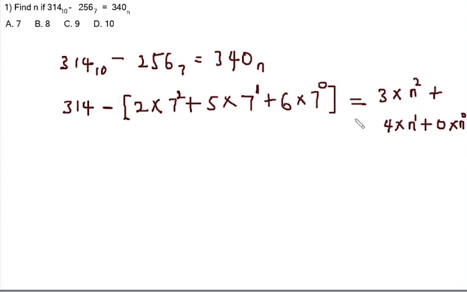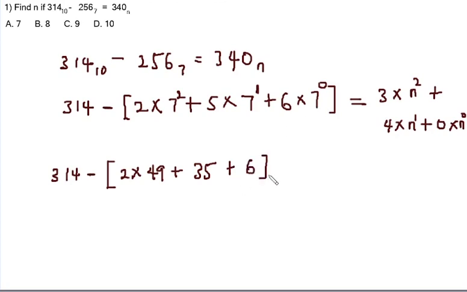So simplifying the whole equation, I should have 314 minus open bracket, 2 times 7 raised to the power of 2. 7 raised to the power of 2 is 49, plus 5 times 7 to the power of 1, 5 times 7 is 35, plus 6 times 7 raised to the power of 0. 7 raised to the power of 0 is 1, so 6 times 1 is 6.